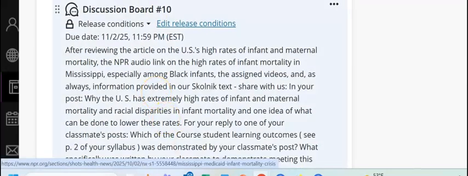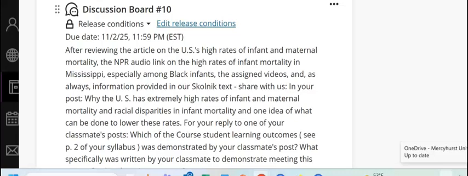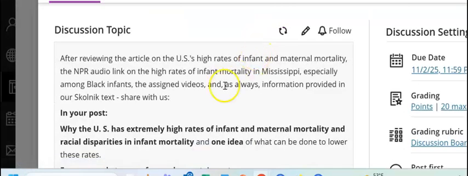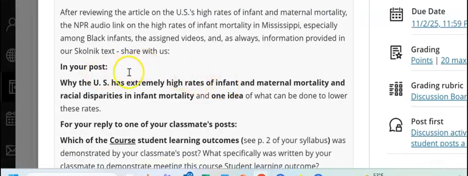So what is that discussion board post? Well, after reviewing all the sources of information that you've been provided this week, I want you to share with us in your post why the U.S. has extremely high rates of infant and maternal mortality, so both the infant and the mom, and also racial disparities in infant mortality.